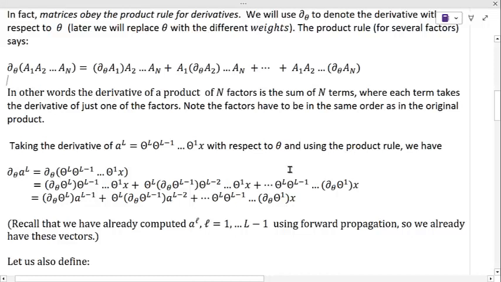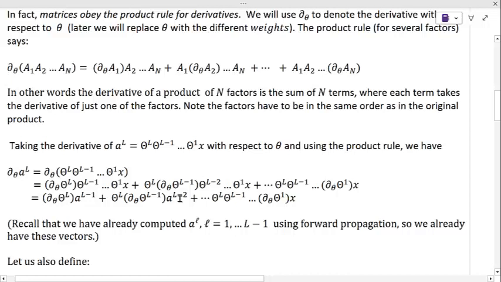So each term is kind of like a sandwich. In the middle, you have one derivative. On the left, you have a product of the later layer matrices. And then in the front, you have the output of the previous layer. If you want a better picture, you can write a few more terms yourself.